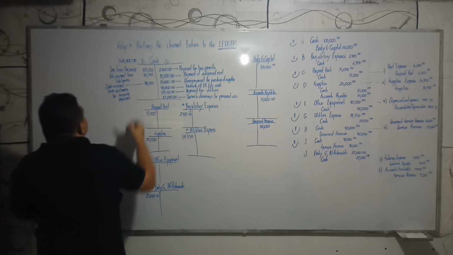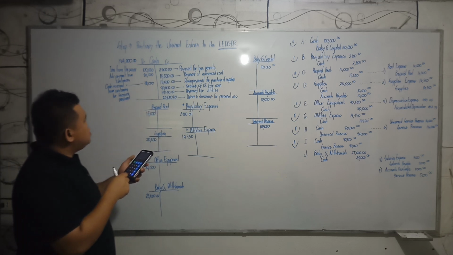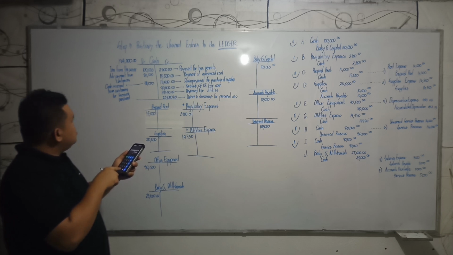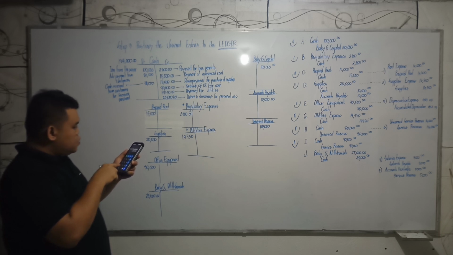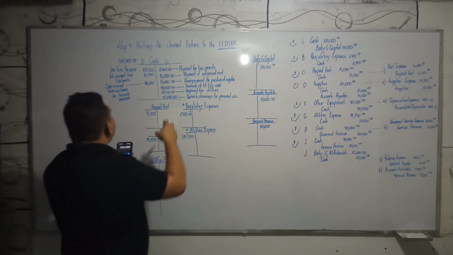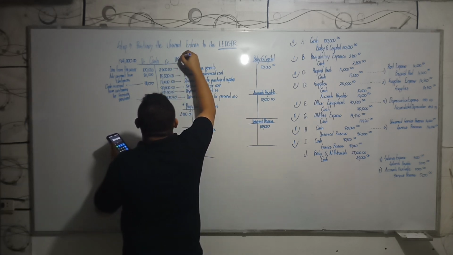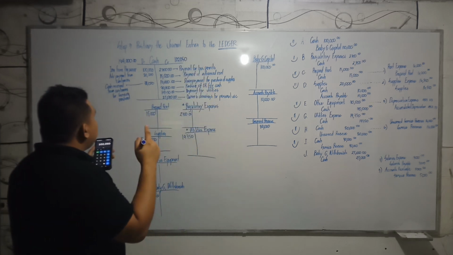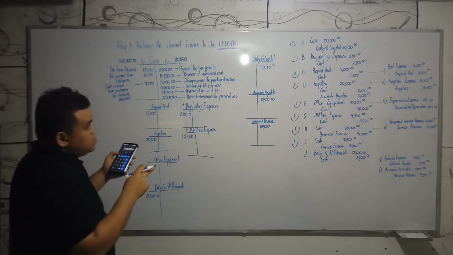So cash inflows is 184,000 or cash increases. And we have credits 23 plus 15,000 plus 10,000 plus 30,000 plus 19,750 plus 25,000, we have 102,050.